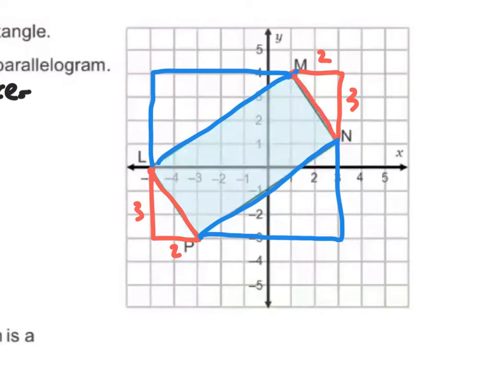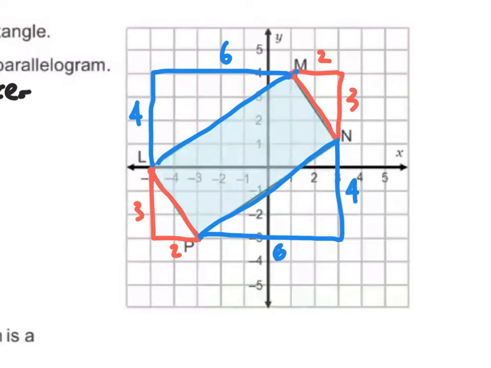Let's do the other ones. I know that this distance here is 1, 2, 3, 4, and then over 1, 2, 3, 4, 5, 6. So this is going to be 6 and this is going to be 4.